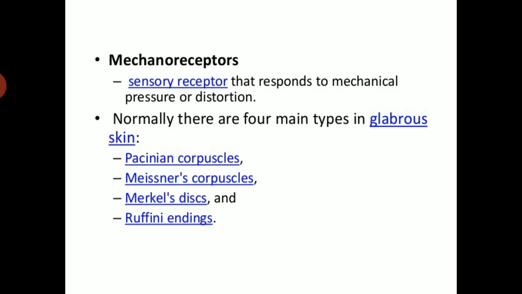First among the mechanoreceptors, we are going to see the Pacinian corpuscles. The Pacinian corpuscles are pressure receptors located relatively deep under the skin, about 2 millimeters, and also in various internal organs.